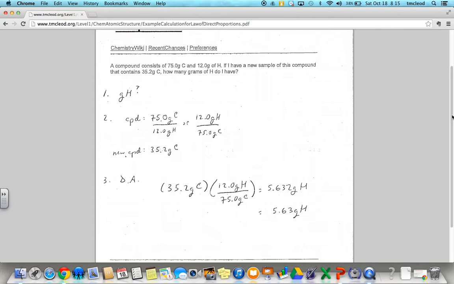The one thing I would like you to do is always separate out the addition or subtraction from the multiplication and division, so making it two different steps. That way it will be easier, since you need to apply the correct significant figure rules. So as long as you keep them separate, you'll be fine. Okay, so that's a law of definite proportion example.